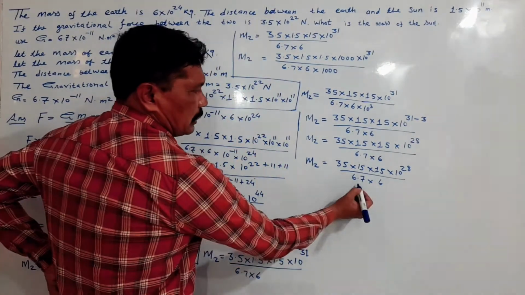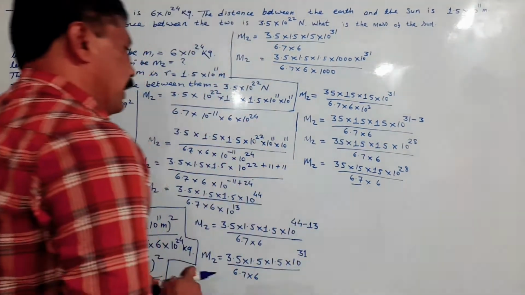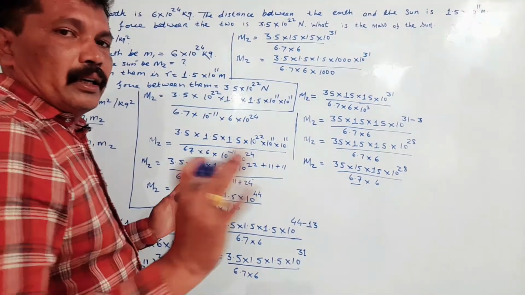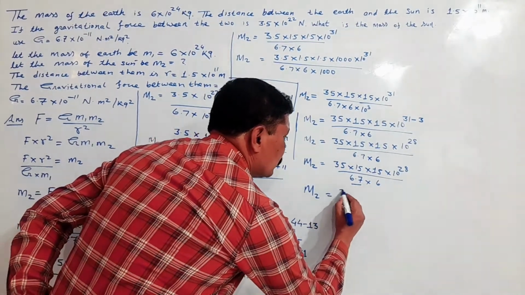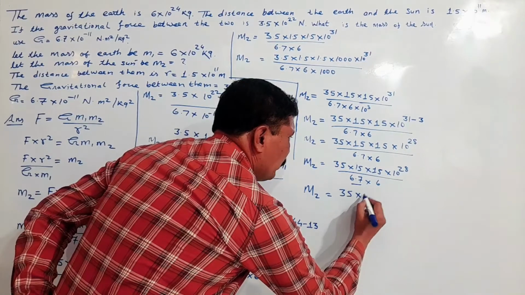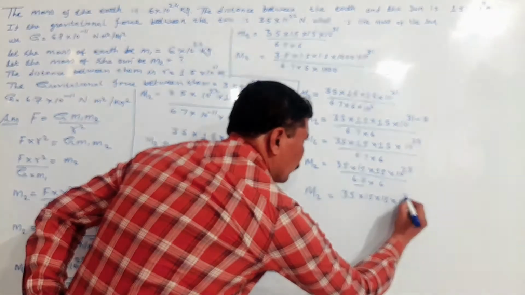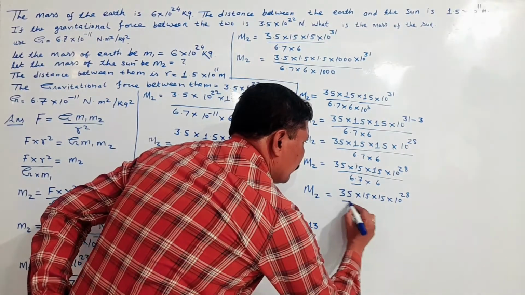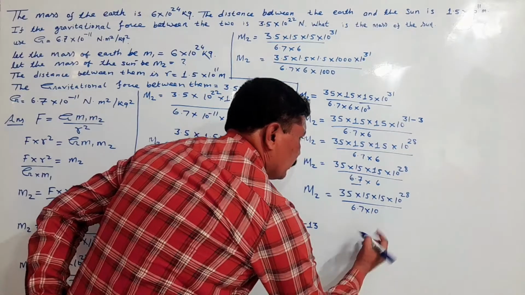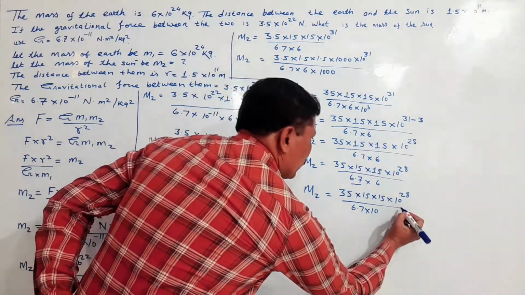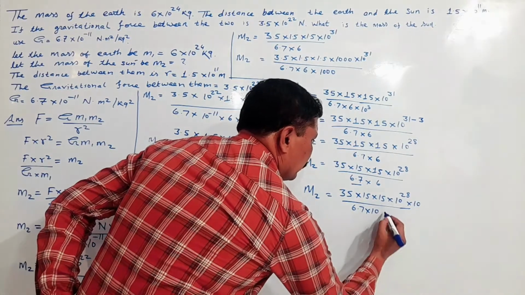Now my dear student, here we have to remove one more digit. So what? The point from the denominator. So M2 is equal to 35 into 15 into 15 into 10 to the power 28 upon 6.7 into 10. We have multiplied here with 10. So in the numerator also we have to multiply it by 10.